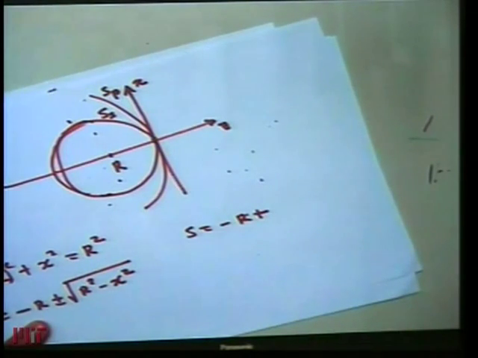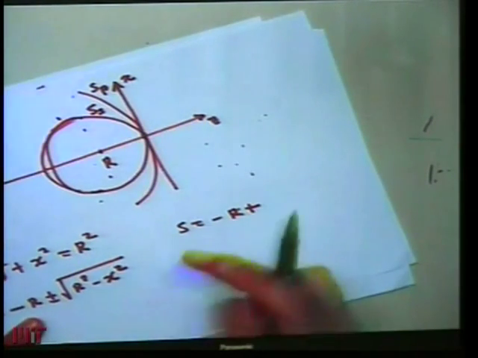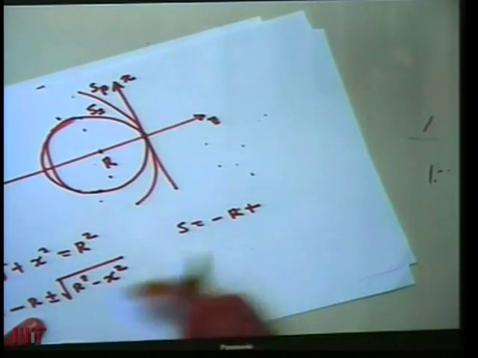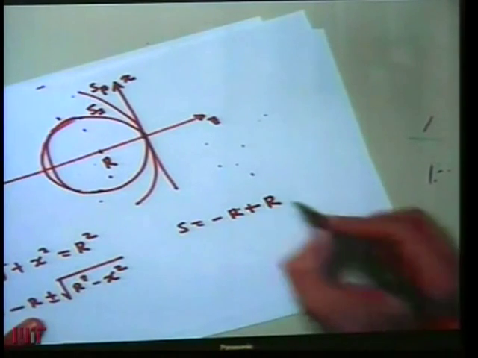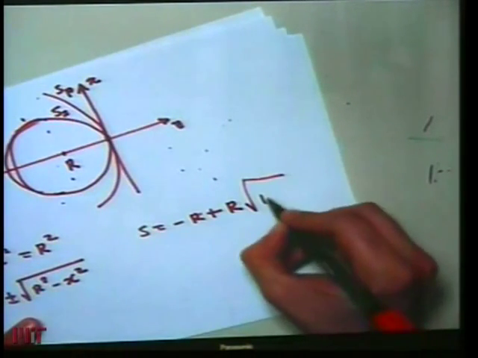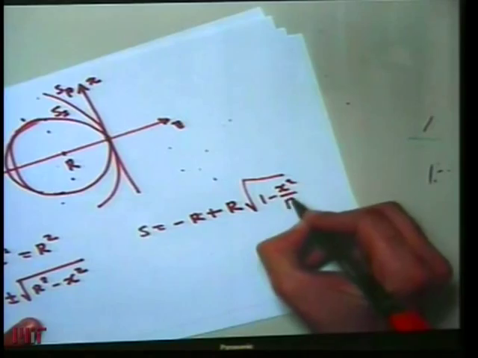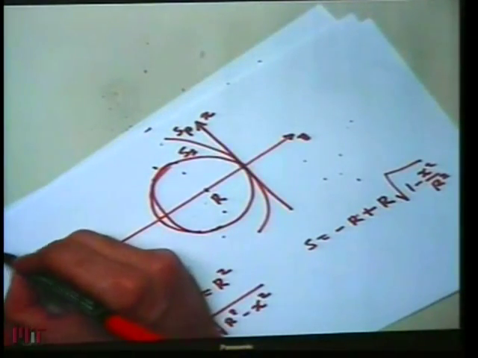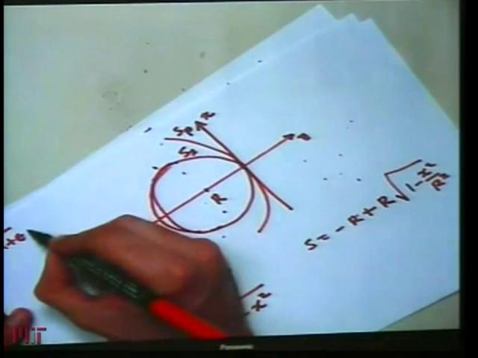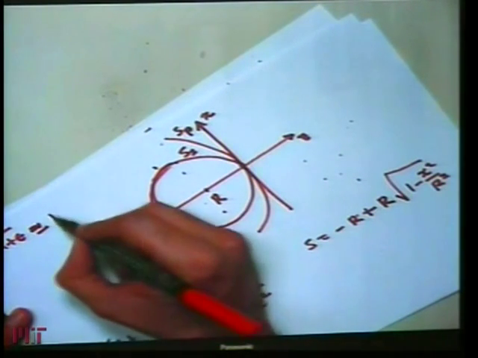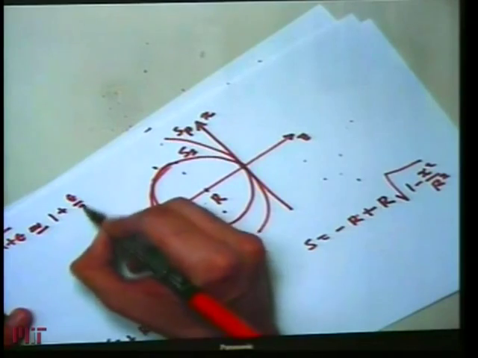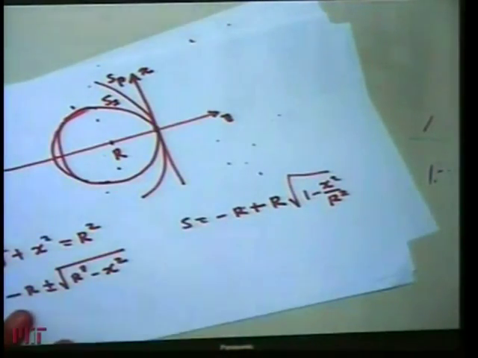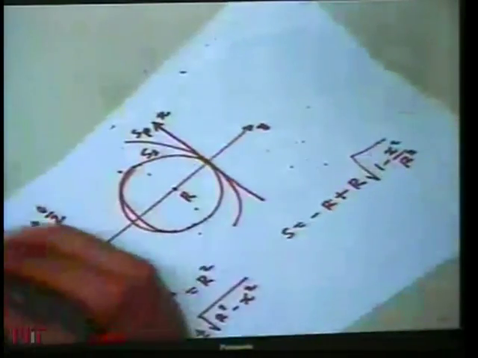The next step to derive paraxial approximations is to pull a large quantity out of the square root. The large quantity is the radius here, and you write it like this, 1 minus x squared over r squared. Then you apply a Taylor formula that says the square root of 1 plus small is approximately 1 plus the small divided by 2. And that applies also for a negative sign, so I can do it like this.